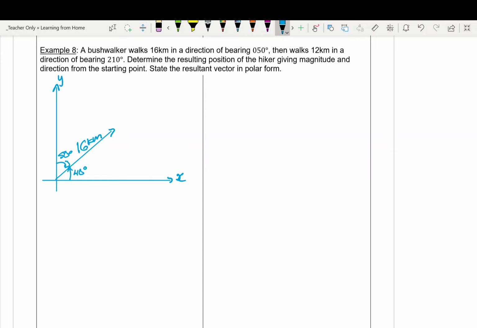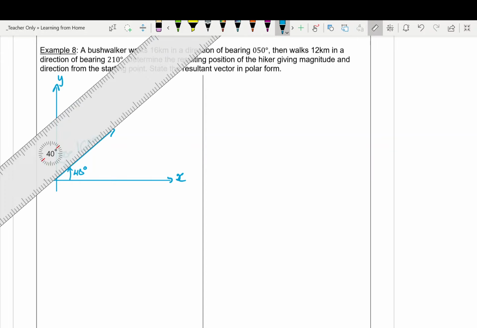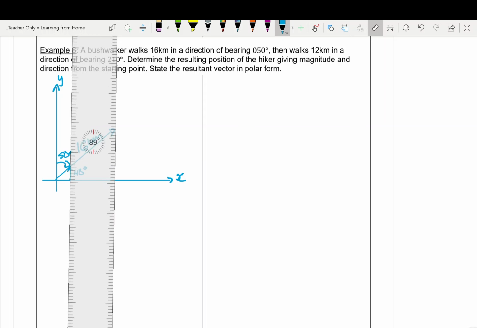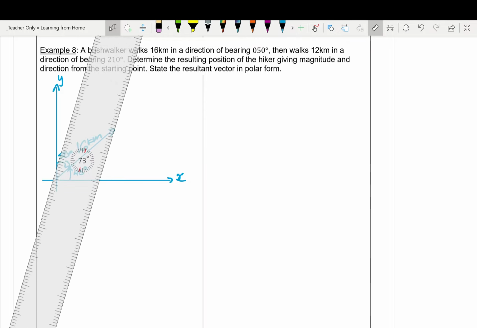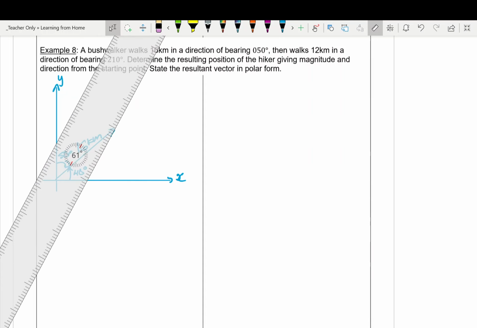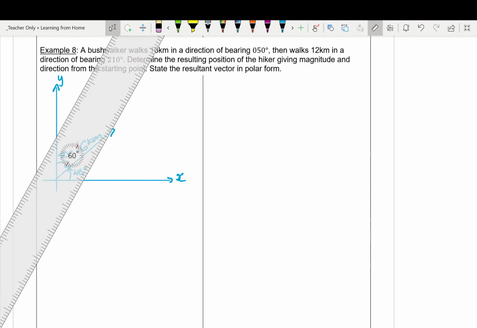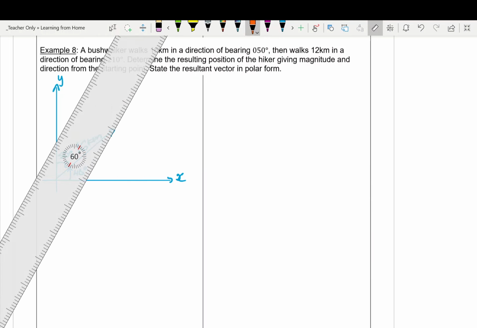Okay, and once it gets to the end of this 16 kilometer walk, we then walk 12 kilometers in a direction of 210. So if you can imagine, this is our starting point. We go around 180 degrees, and then we need to go another 30 to the left. So that's going to get us to 60 to the left on my ruler here. And let's do this in orange. That's coming down 12 kilometers.